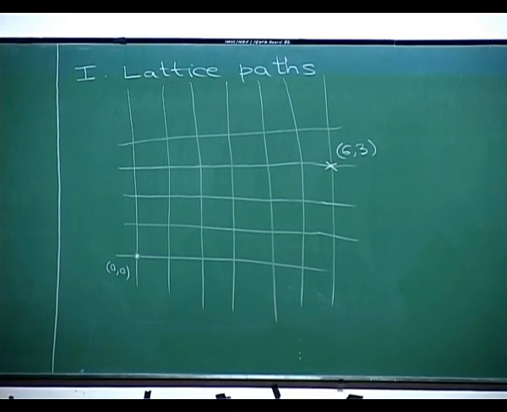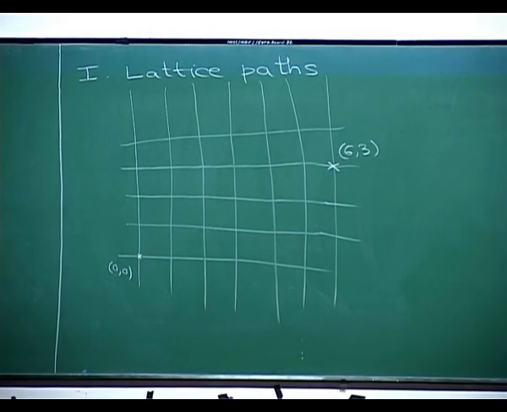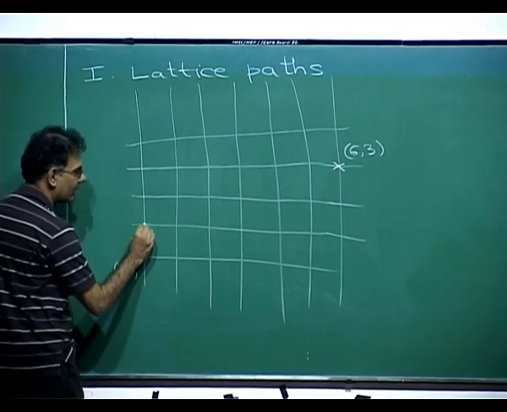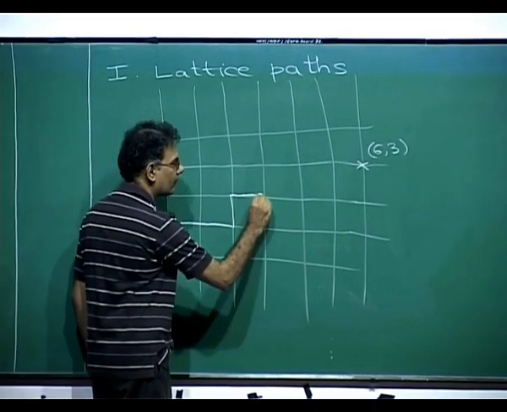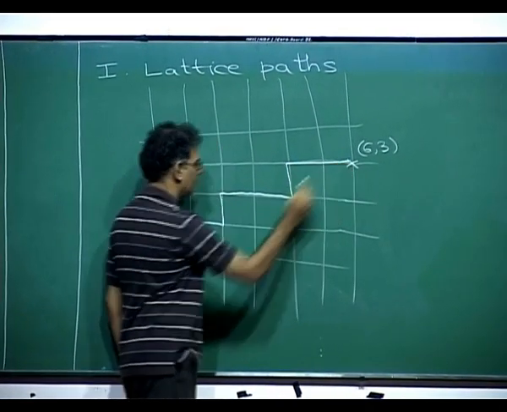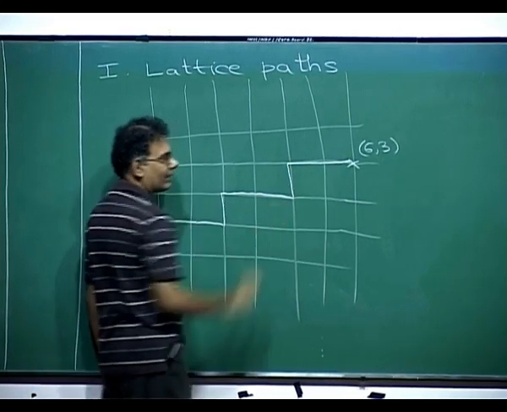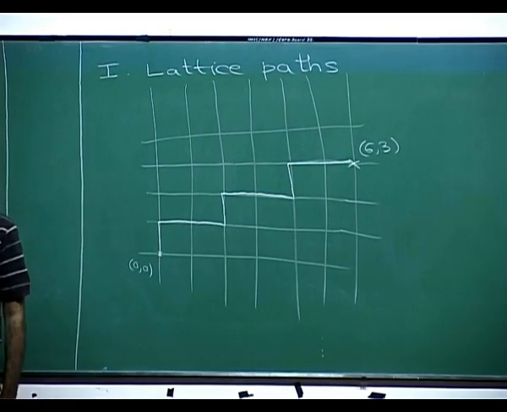So we want to go up or right 1 unit in length and go from 0, 0 to 6, 3. As you can see, there are many paths. For example, one such path is this one. You go up, twice right, once up, twice right, once up, twice right, and you reach the point 6, 3. There are many paths, and we would like to know how many such paths.